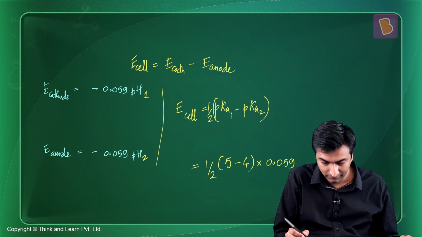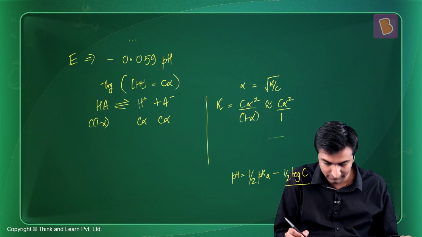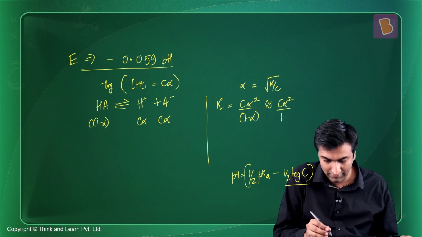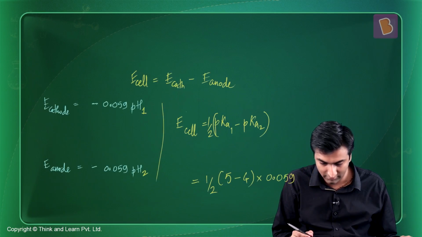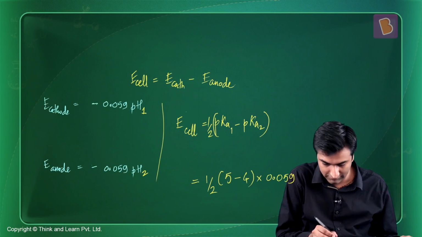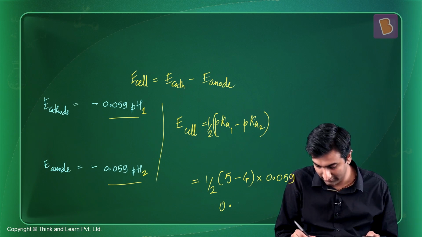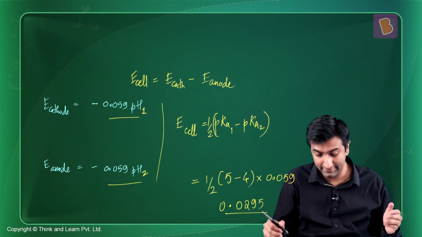Because remember, E also had 0.059 outside it, which is also written here. So the answer is half of 0.059, which is 0.0295. That's the answer right there.